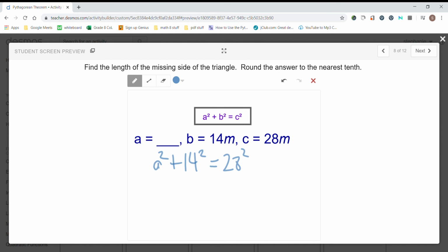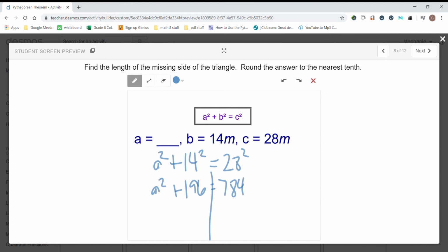I will also be including a link to a calculator so you can easily do the square roots as well. So I'll have A squared plus 14 squared is 196 equals 28 squared equals 784. So just like we did in the last problem, I can't combine these. I have a variable. Nothing's going to give me anything here.